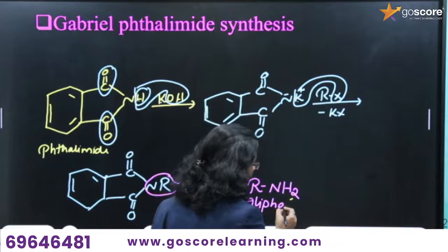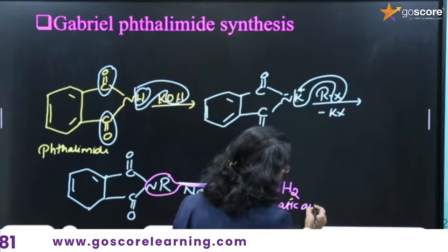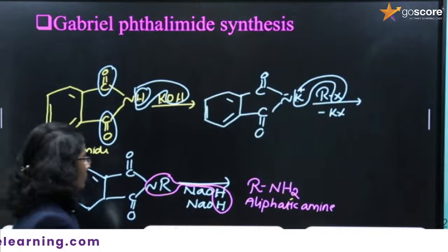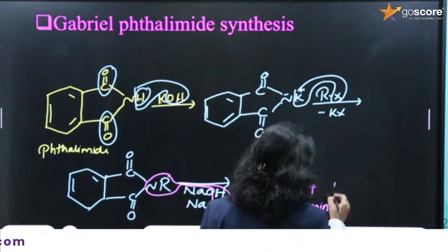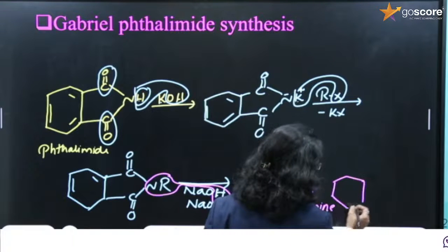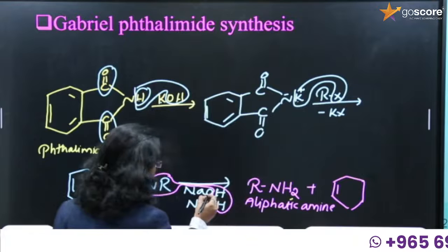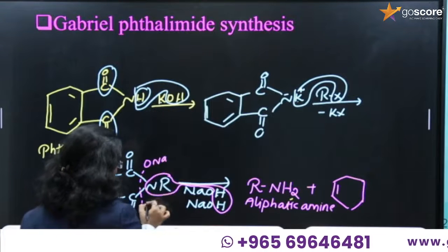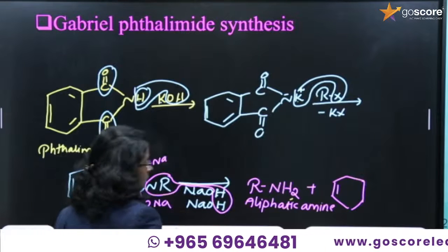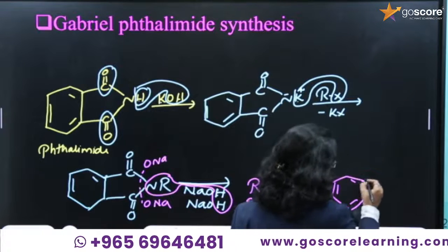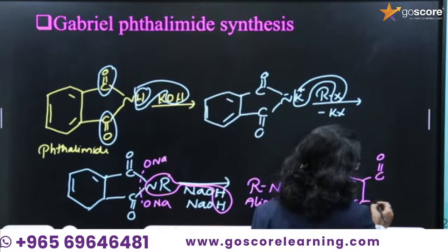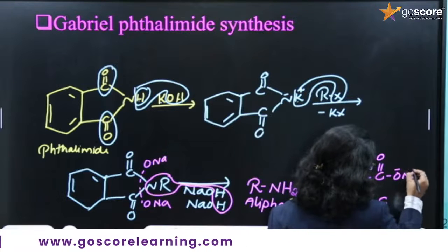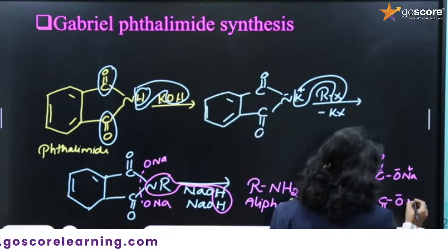Gabriel phthalimide synthesis will respond only to aliphatic amine. So very, very important. Along with that, you will get the side product. This bond will break, these two bonds will break, and ONa will be added here. So it will become C double bond O, C double bond O, ONa, ONa.